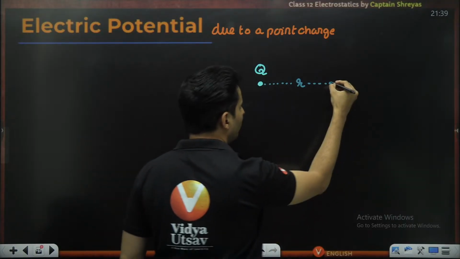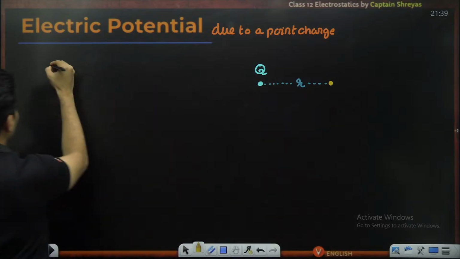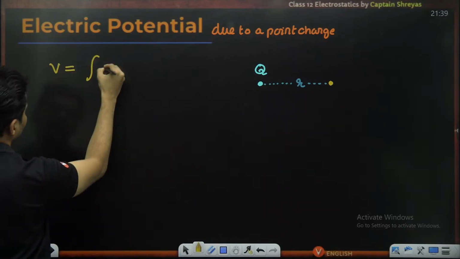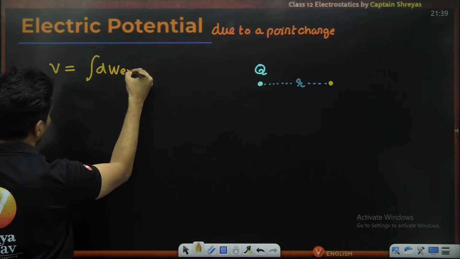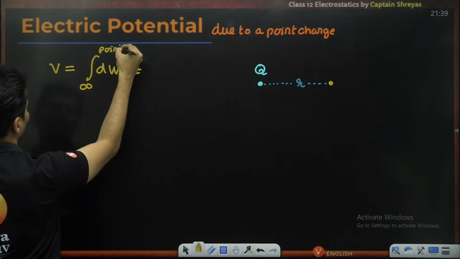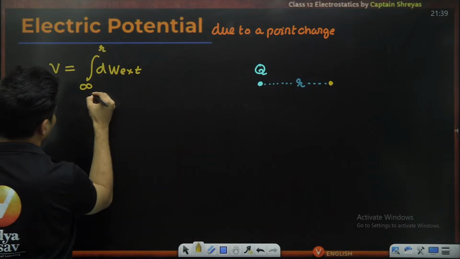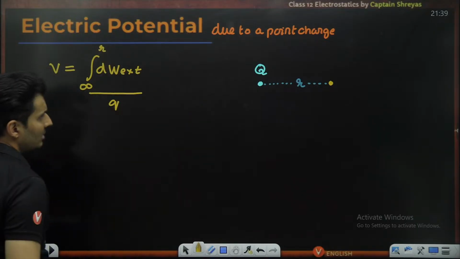In order to find that potential at this place, you use this formula: integral of the work done by the external force from infinity to that particular point, which is at a distance r, and you divide it by the test charge.